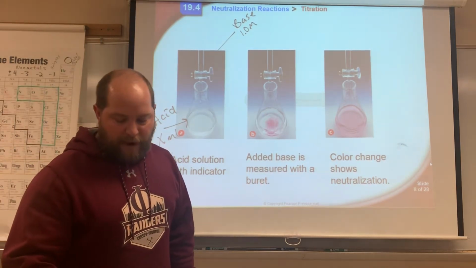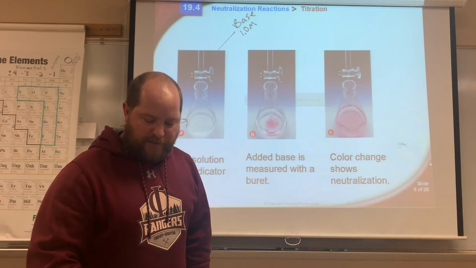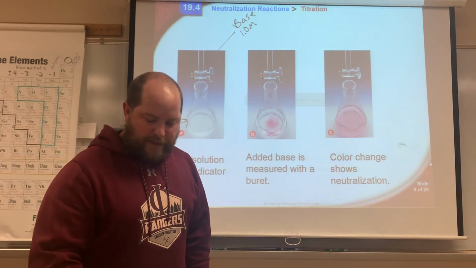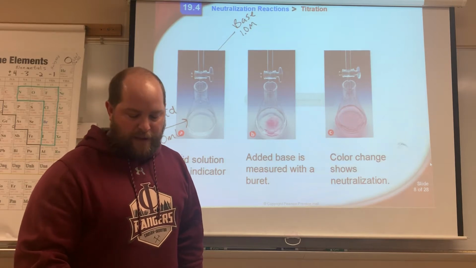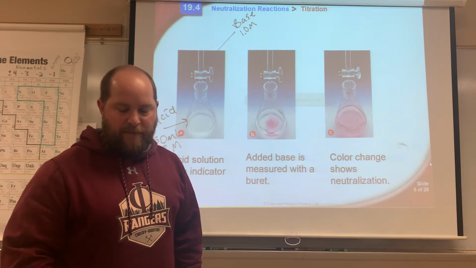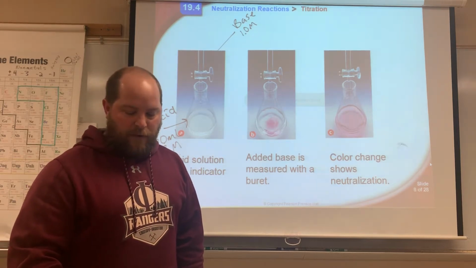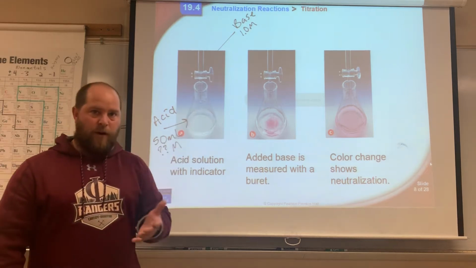Suppose I give you a sample math problem. Let me change this X. Let's say we started with 50 milliliters of the acid, and we don't know the molarity of it. But we do know the molarity of the base is 1 molar.